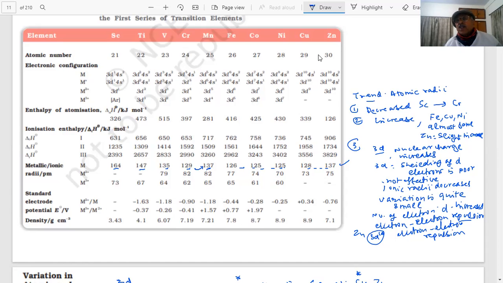So interesting, student, that the trend is a decrease in size, but the decrease is small. The electrons are entering into the same 3d shell. So what is happening? The screening of 3d is poorer, effective nuclear charge increases, and the size of the atomic radius decreases. But as more and more electrons are added, electron repulsion is becoming stronger, student.